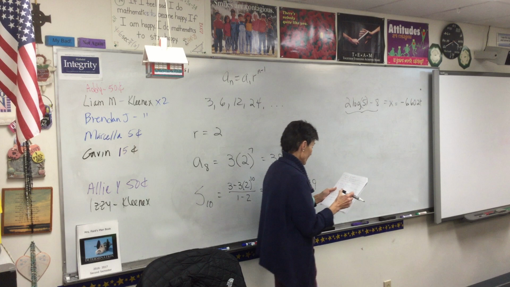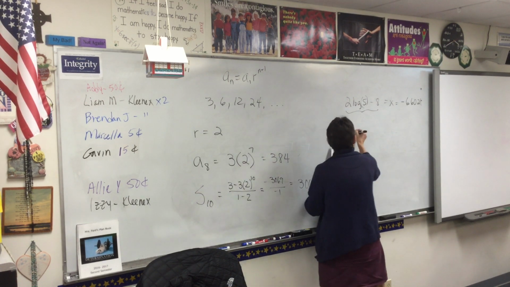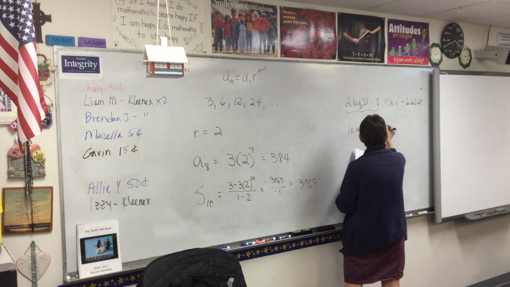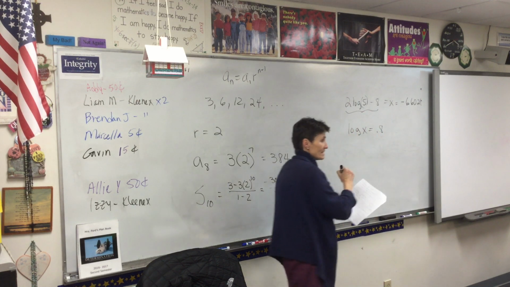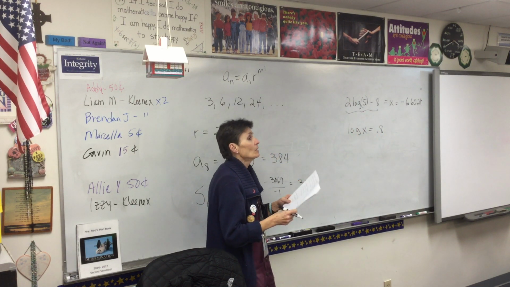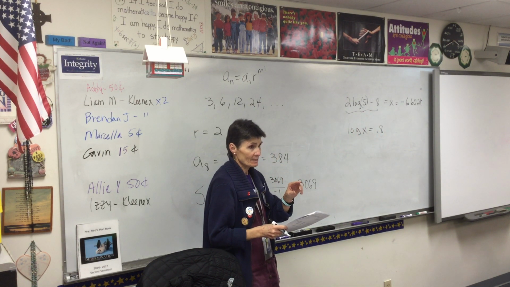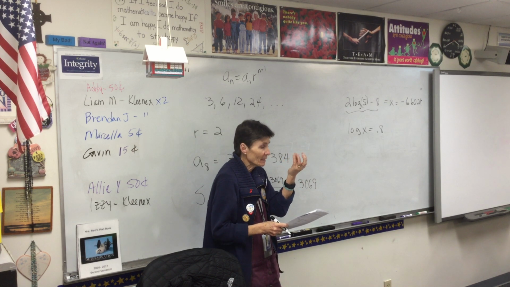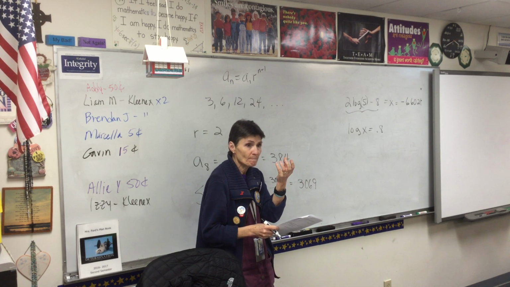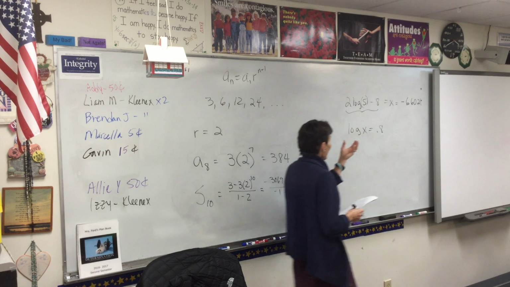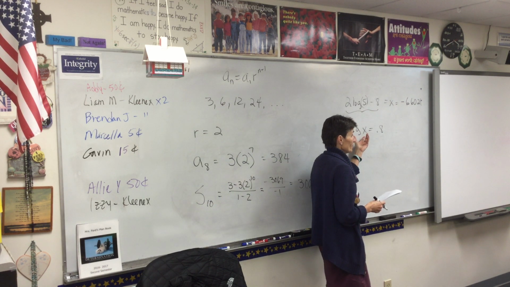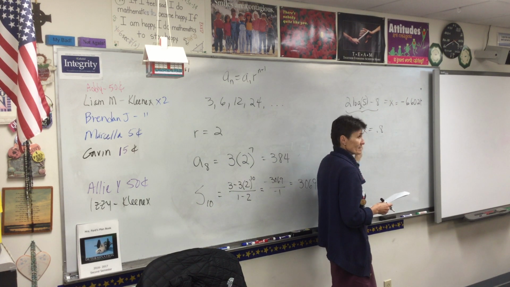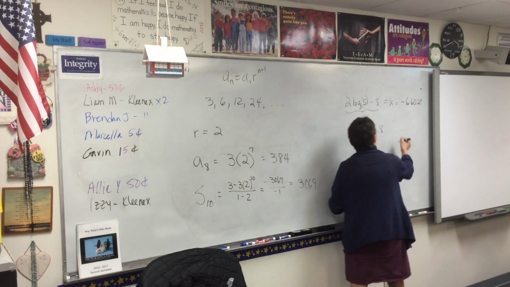All right, where am I? All right, next equation. Now, this one is not as easy. Look where the x is. Do you see how it's in the middle of the problem hooked to the logarithm? So if you have this situation, the only way to get that x by itself, the only way to figure out what x is, is to do what?